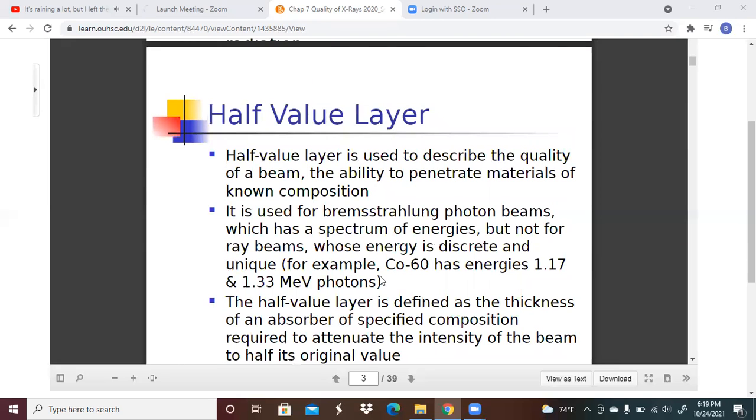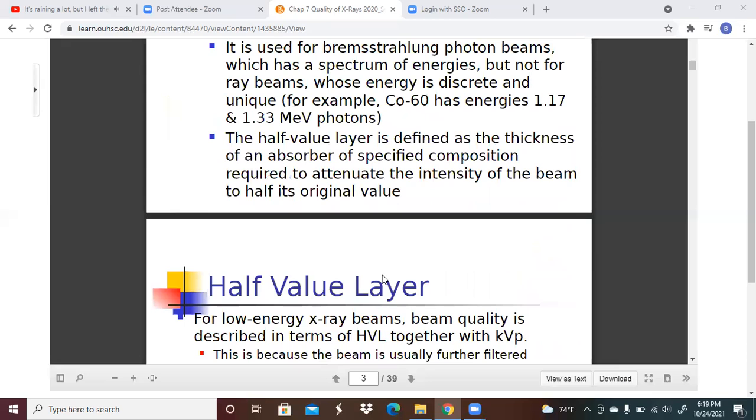In other words, if you were to take a look at cobalt-60, you have two specific energies. You don't really have a spread like you would in others. There you have two specific energies. So the half value layer is defined as the thickness of a particular type of absorber, however it's composed, that is required to attenuate the intensity of the beam to half of its original intensity.